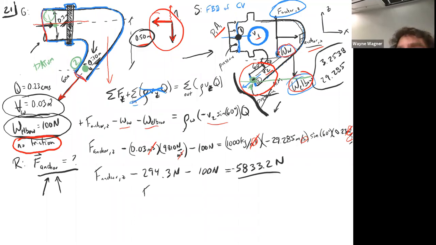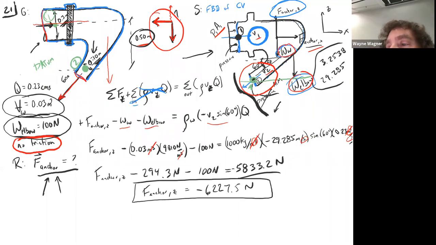Okay, so F anchor Z equals that number plus 100 plus 294.3 equals, negative 6227.5 newtons.